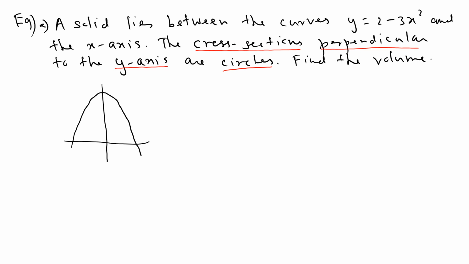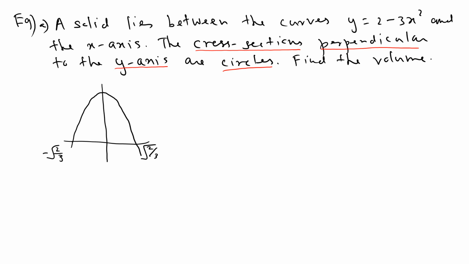When you set it equal to 0, you can see that the two numbers are plus and minus the square root of 2/3. So those are the two numbers that go here.